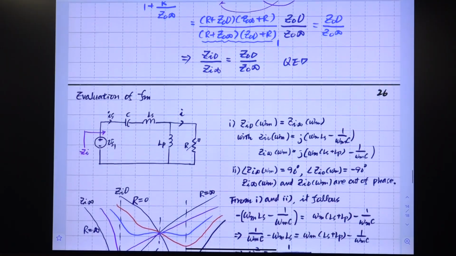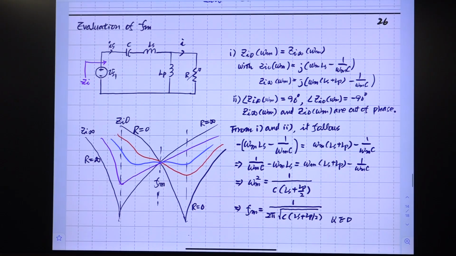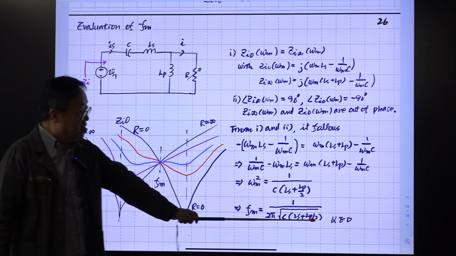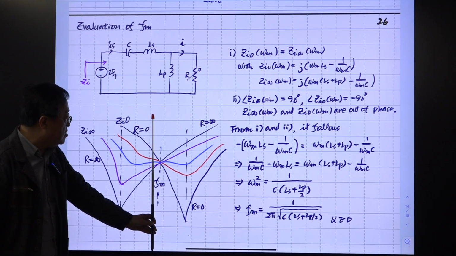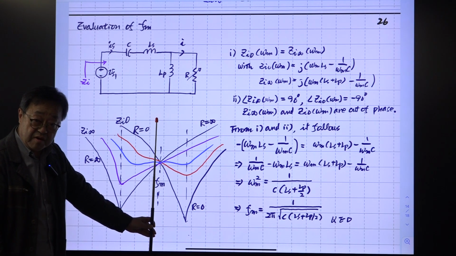Okay? And this is another one. I said Fm is given by this equation. We prove this now, okay? So at this point, this is the FM frequency, all right?